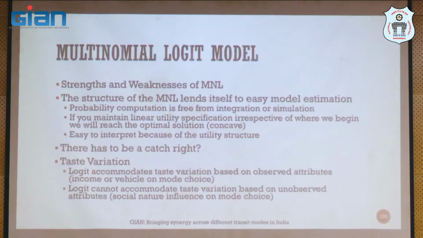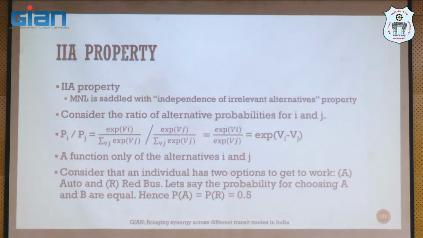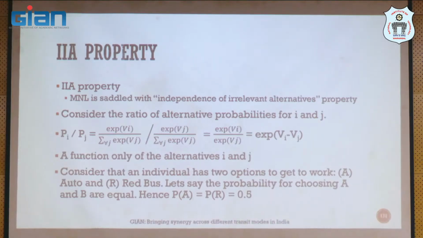Another important problem is what is called the IIA property, independence from irrelevant alternatives. So let me write that.